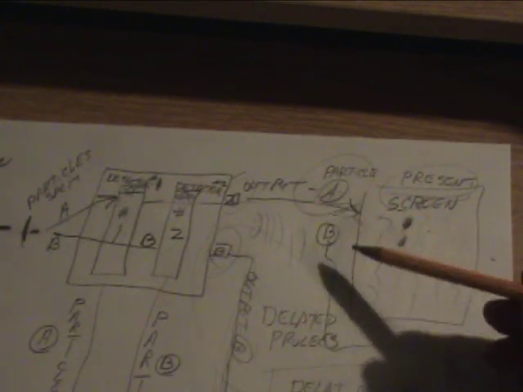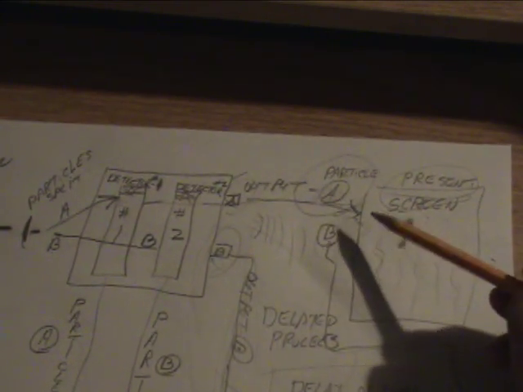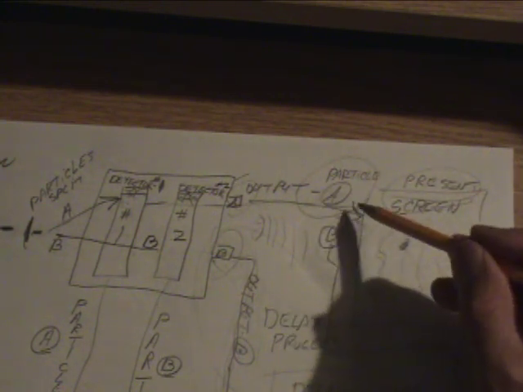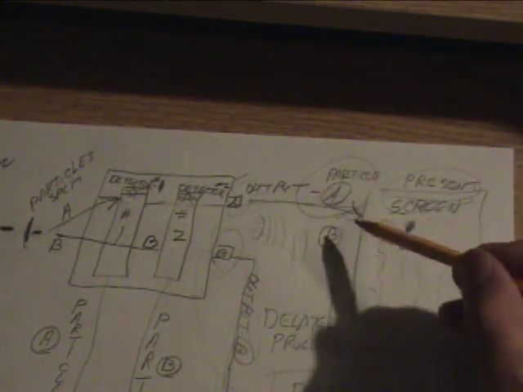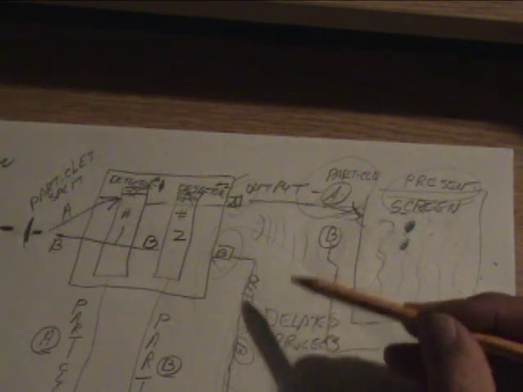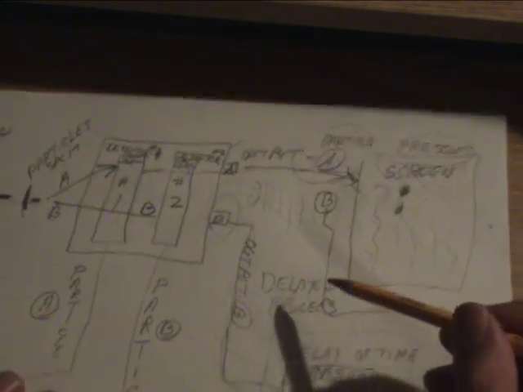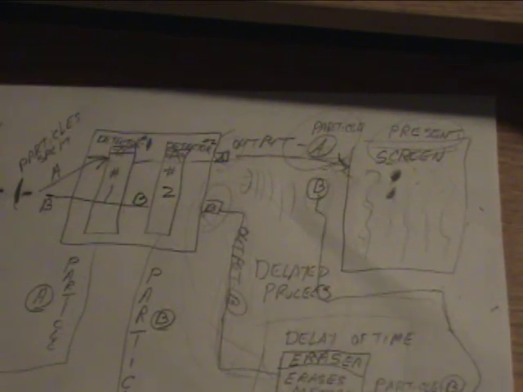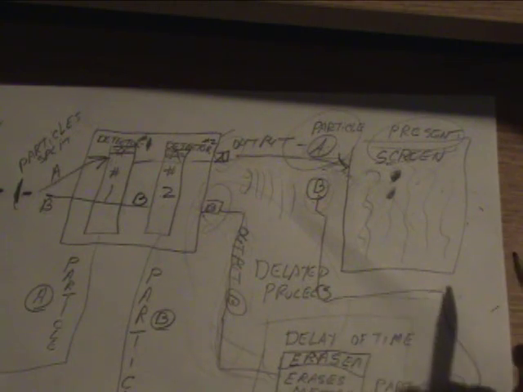This communication process proves that the present arrival of particle A affected the past delayed process of particle B, and they still communicated with each other. Therefore, there is no time delay at the subatomic level, the quantum level.